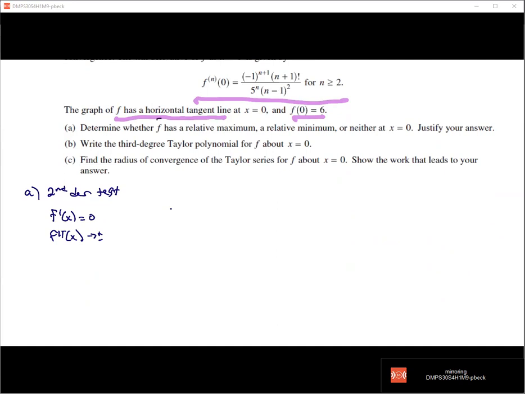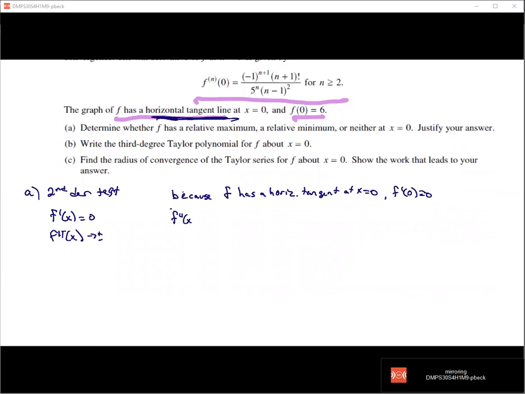Are we given anything about f prime of x? Yes, we are. In fact, we are given that we have a horizontal tangent line. So because f has a horizontal tangent at x equals 0, we know that f prime of 0 equals 0. And now, what is f double prime?